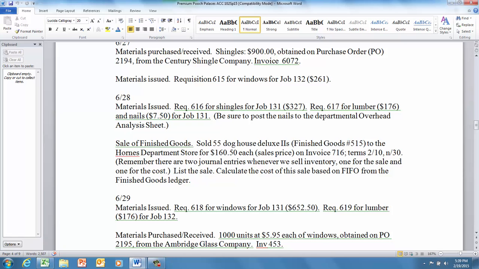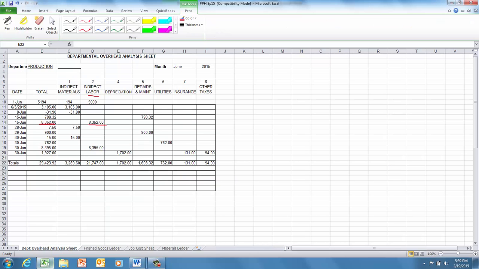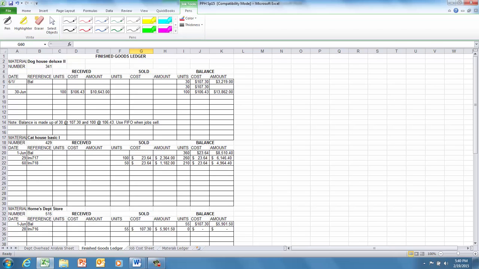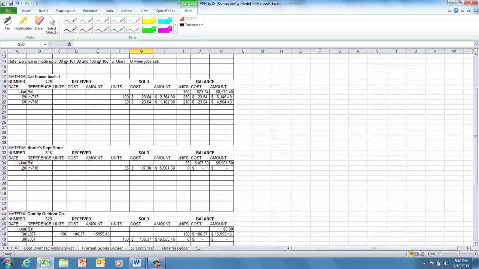And so I have to figure out, well, what is that cost? So these are 55 doghouses and on finished goods number 515. So I'm going to go to my subsidiary ledger. Here's the finished goods ledger, and I'm going to find that particular finished goods. Here it is, Horns Department Store number 515. And we had 55 doghouses.